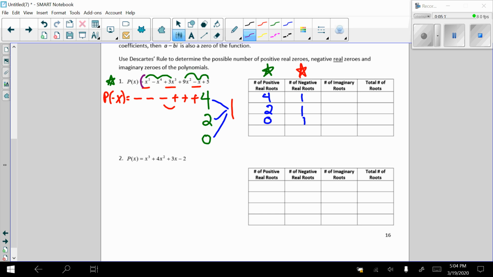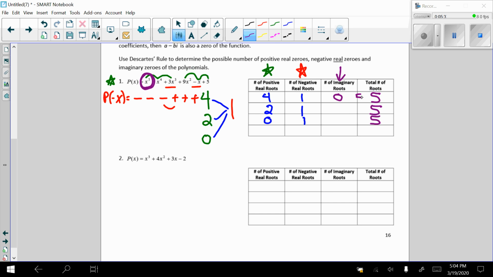Because this is a fifth degree polynomial, we will have 5 total roots. So in order to make these numbers add up to 5, we fill in the gaps with a number of imaginary roots. So 4 plus 1 plus 0 equals 5.